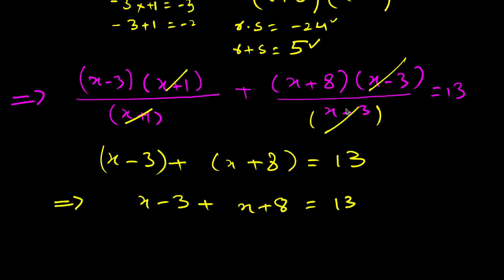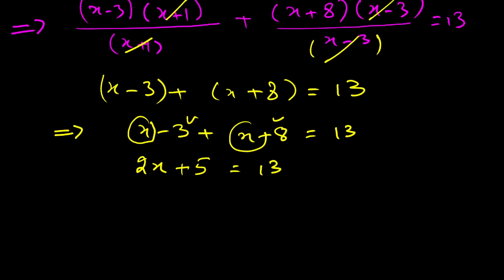Combining like terms, x plus x is 2x, and minus 3 plus 8 is plus 5, equal to 13. Now subtracting 5 on both sides, you are left with 2x equal to 8, and dividing both sides by 2 to isolate x, you have x equal to 4.